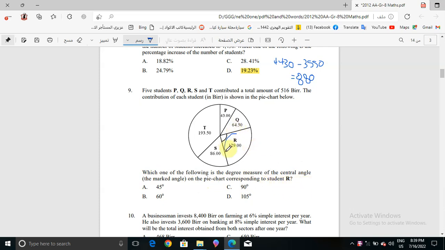So that means we are going to see the degree of student R. Now what we will use here is 120, the number in the pie chart for student R, over the total number, which is 516, times 360 degrees to find the degree. Then after dividing and multiplying, you will get 90 degrees. So that means the correct answer for question number 9 will be choice C.